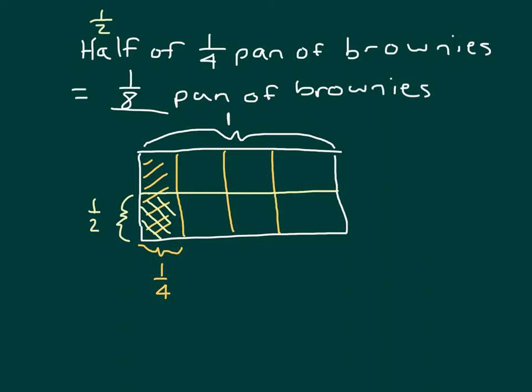The equation that matches this is 1/2 times 1/4 equaling 1/8. So this right here is the equation that matches the area model. As you are drawing area models to represent this multiplication, please make sure to label correctly.